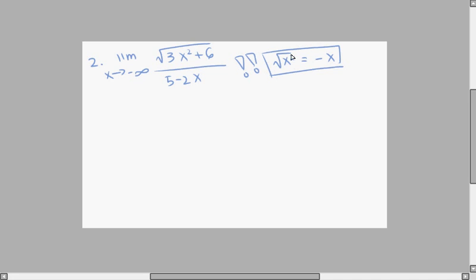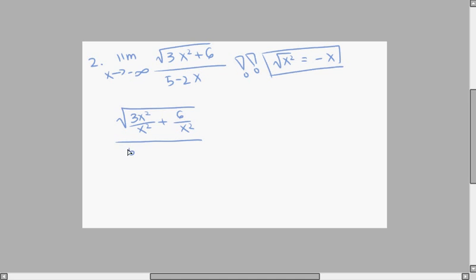So we're going to divide everything by either this or this depending on what it is. So on the top, we're going to be doing root 3x squared plus 6 divided by root x squared, which is going to give us root 3x squared divided by x squared plus 6 over x squared. And on the bottom, we're going to be dividing this by this.